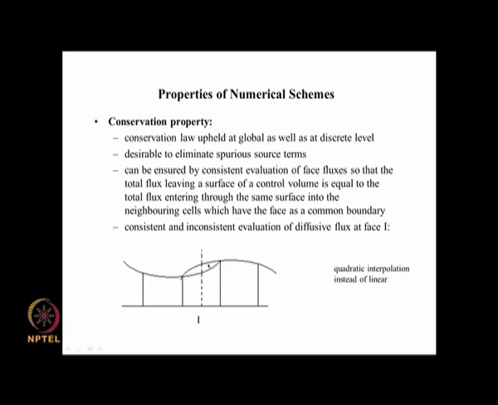Now, for this control volume here, if you make use of the same points, you would get the same flux, but in order to evaluate the flux here, now we are using this point and this point. Okay.